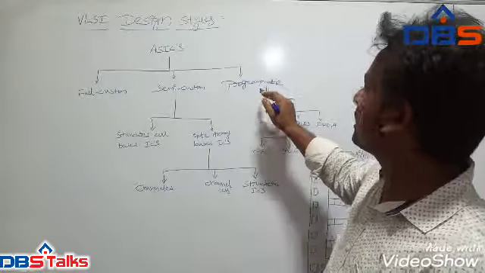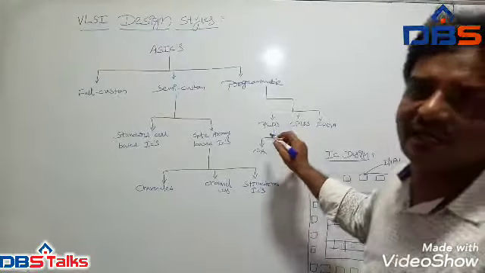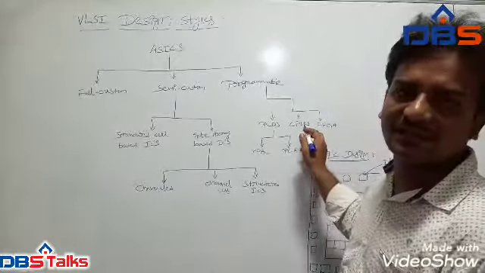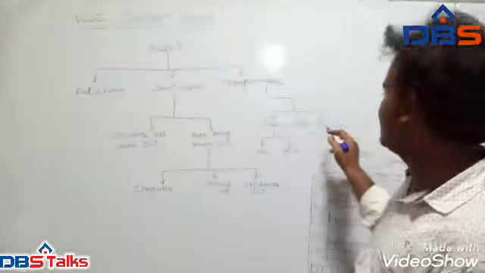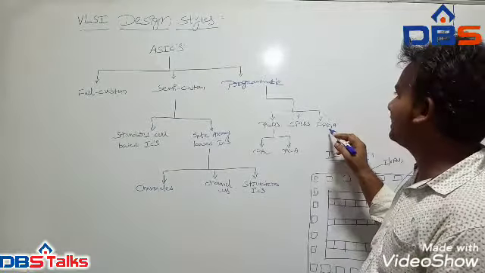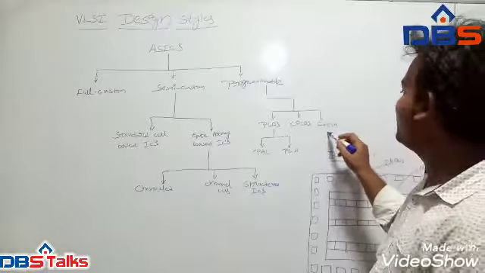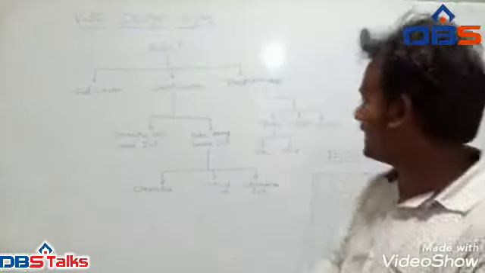So again the programmable will be divided into PLDs. PLDs is nothing but programmable logic devices, and the CPLDs, the full form of CPLDs is complex programmable logic devices. Again the programmable IC also includes FPGAs. The full form of FPGA is field programmable gate arrays.